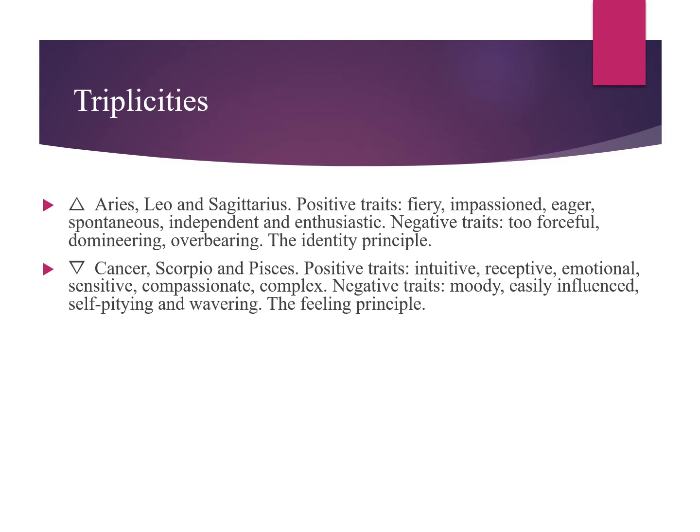On a negative side, the traits can be very moody, they can be easily influenced, be given to self-pitying, and be wavering or changeable. And these 3 signs really represent the feeling principle, about things that you feel, about your feelings toward a particular situation, a particular person, and those type of emotional feelings.